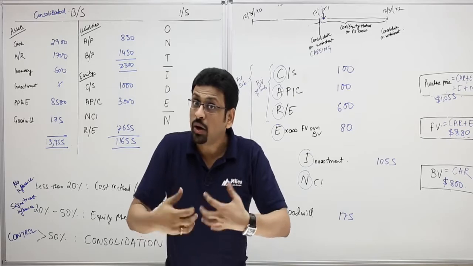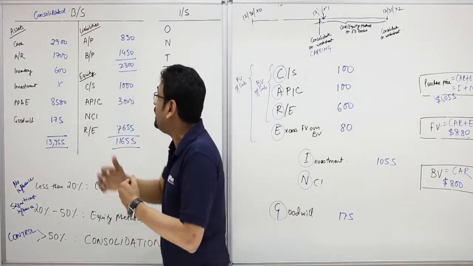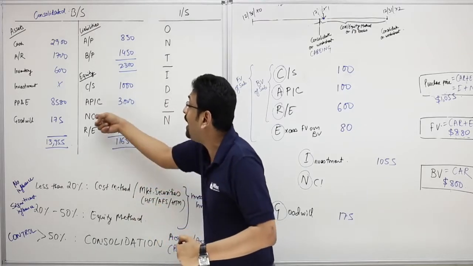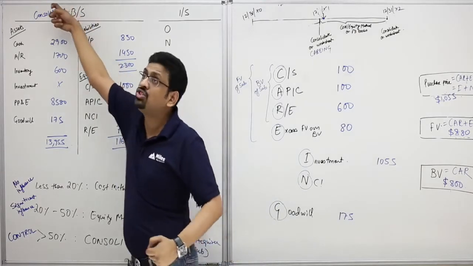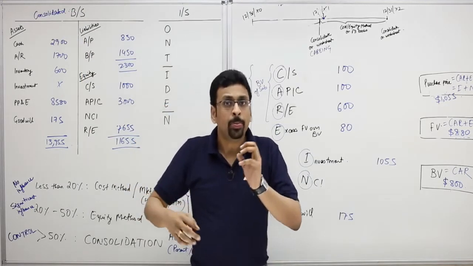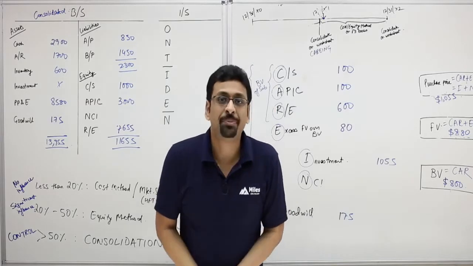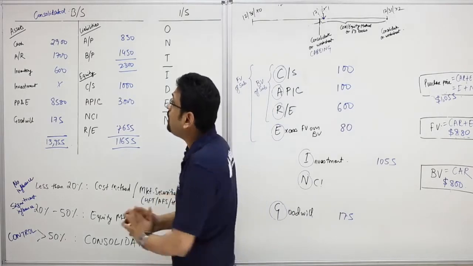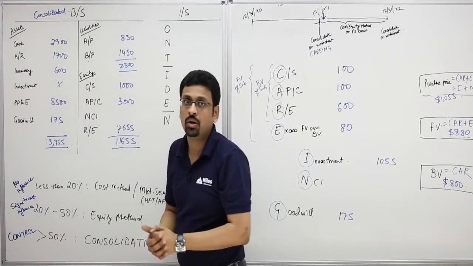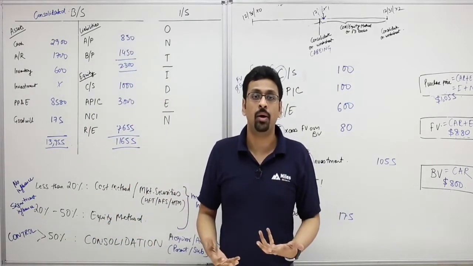So since the non-controlling interest holders are also owners of this consolidated entity, we're going to put their ownership under the equity section of the consolidated balance sheet. Once again, though the parent owns only 90% of the stock of the subsidiary, we're going to include 100% of the subsidiary's assets out here. We're going to include 100% of the subsidiary's liabilities out here.